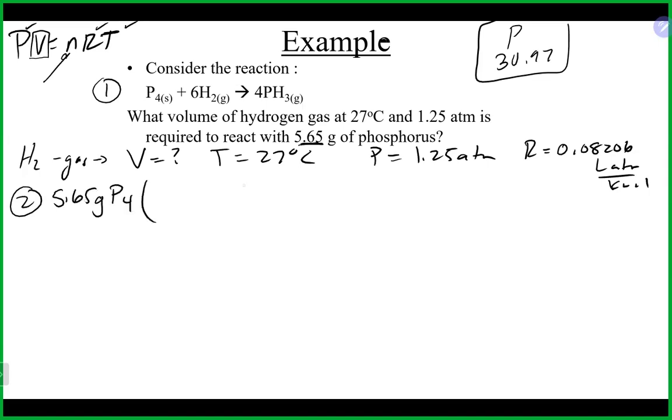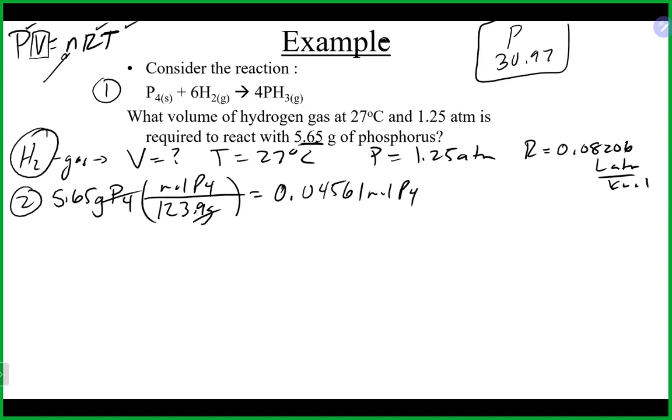So we're going to go periodic table there, 30.97 times 4, going to give us 123.9 grams per mole of P4. The grams will cancel, and that will get us 0.04561 moles of P4.